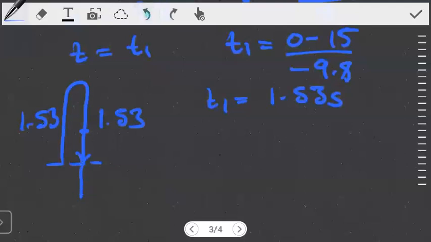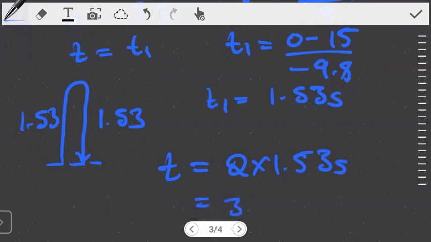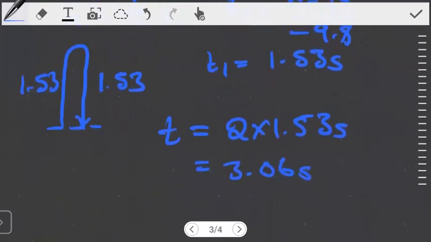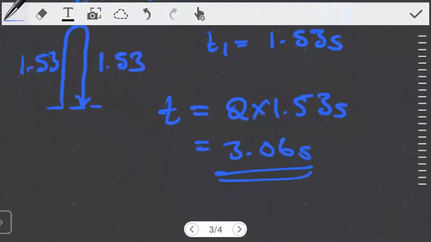But for now, it is caught at the same level. So the total time T will be just double that 1.53 seconds, which comes out as 3.06 seconds. This is the total time of flight, or how long this ball was in the air.